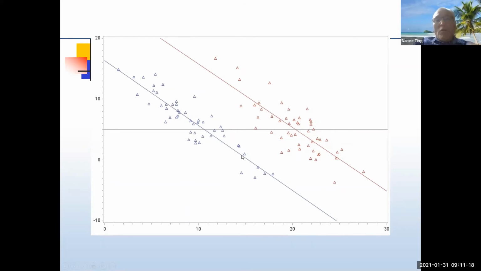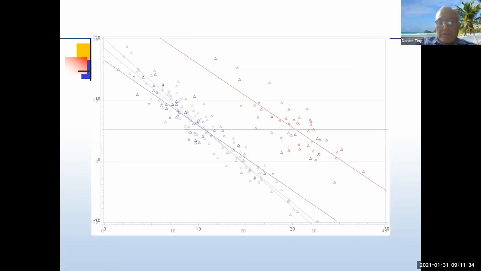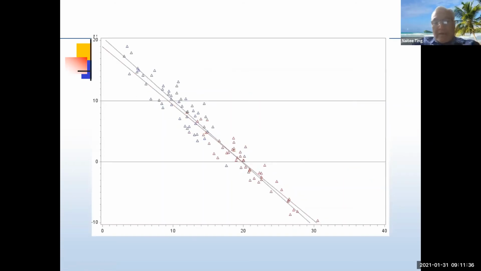It could happen. When it happens, by including baseline in the model, you're adjusting this baseline imbalance. Of course, baseline imbalance can happen this way also. In this case, if you do not include baseline in the model, the test drug mean is about 0, placebo mean is about 10.